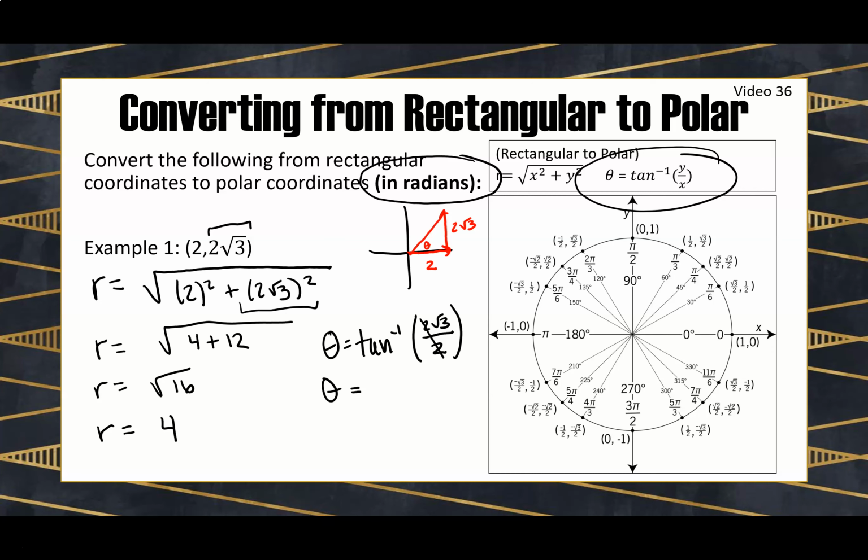Well, the tan inverse of root 3, where is that going to be? That's a little tricky. We're basically saying we want the angle where tan is root 3. That's what this whole thing says right here. I want the angle where tangent is root 3.